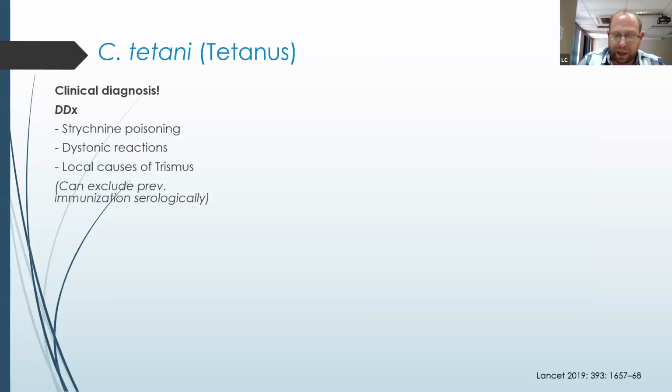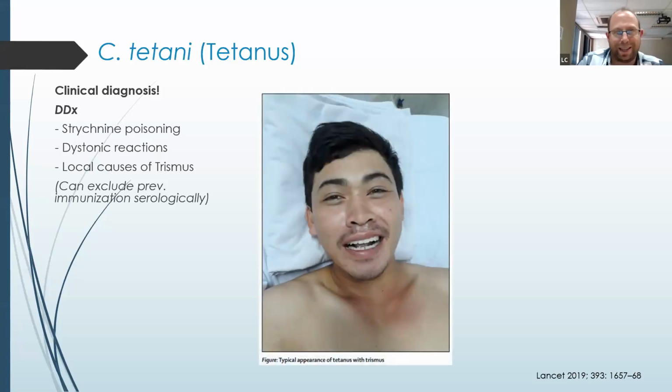So again, as a clinical diagnosis, there are some differentials that one needs to consider. Strychnine poisoning, again, there'll be context, dystonic reactions. Again, one would want to check for underlying neurological conditions or drugs that can induce those. Localized causes of trismus, for example, infections. And one can theoretically exclude previous immunization by checking for antibodies against tetanus toxoid.